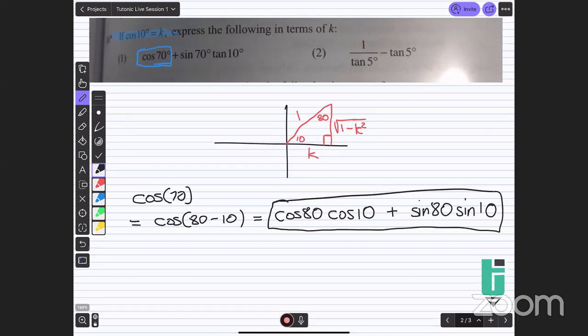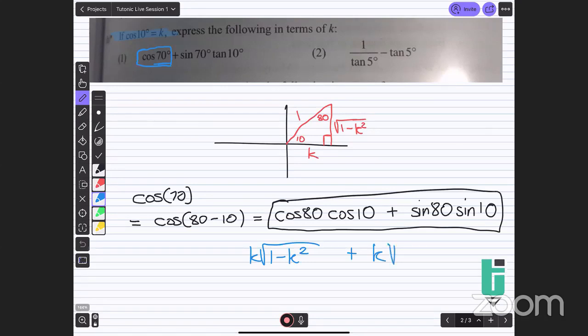Do you agree we can work all of this out now? What's cos 80? Root 1 minus k squared. What's cos 10? k. What's sine 80? k. What's sine 10? Root 1 minus k squared.